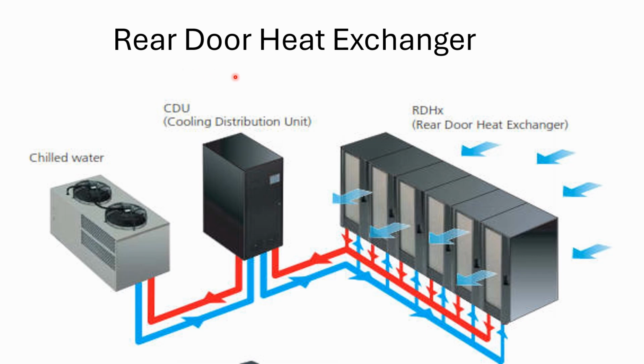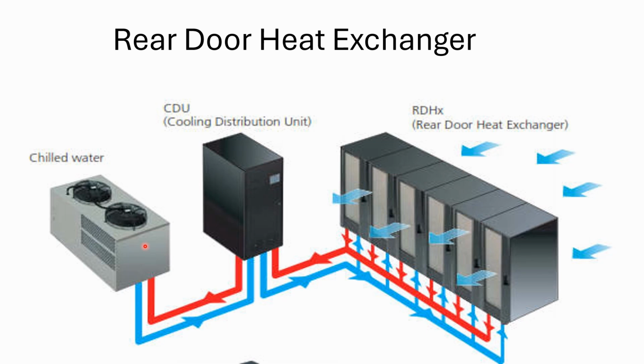So this is the third one, the rear door heat exchanger. Rear door heat exchangers are liquid cooled doors installed at the rear of the server racks. The hot air from the server passes through the heat exchanger, where heat is transferred to a water-based cooling loop.